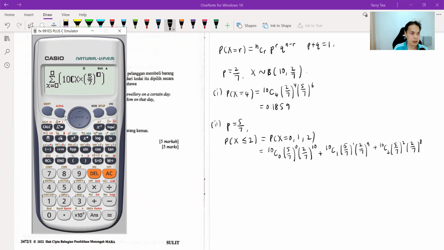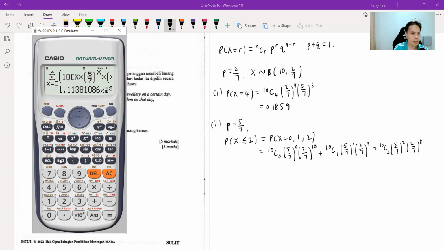Close bracket power alpha X. Then you multiply 2 over 7, close bracket power, then minus alpha X. Okay, now let's press equals. Oh, sorry, I forgot to add in my X value. My X value starts from 0 to 2. Press equals. I got a very small number.